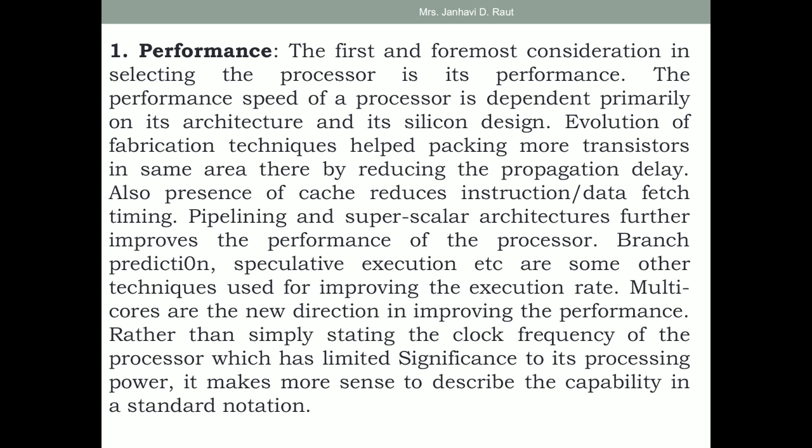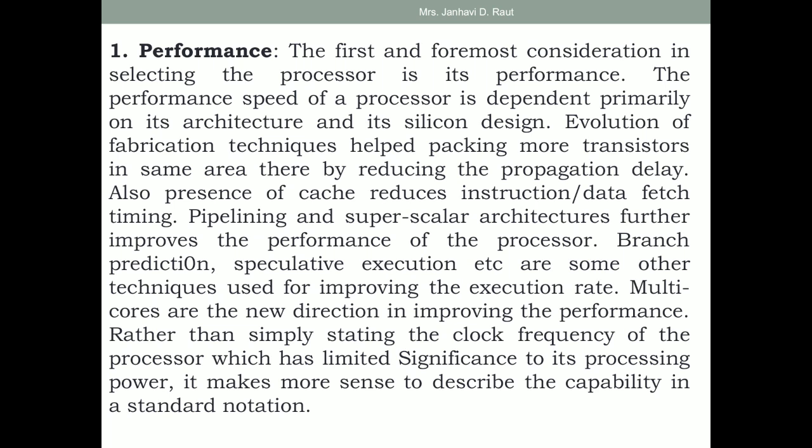The first and foremost consideration in selecting the processor is its performance. The performance speed of a processor is dependent primarily on its architecture and its silicon design. Evolution of fabrication technique helps packaging more transistors in the same area, thereby reducing the propagation delay. Also, the presence of cache reduces instruction and data fetching time.